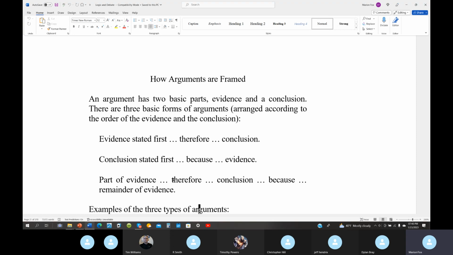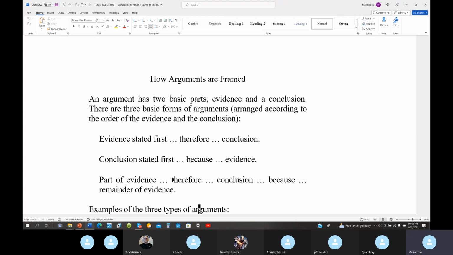There are three basic forms of arguments, and they're arranged according to the order of evidence and the conclusion. And when you get into the Bible, you may see any one of these three forms, and you have to look at it and evaluate it so you can frame it in a proper form for an argument, to understand it, to see the validity of it.